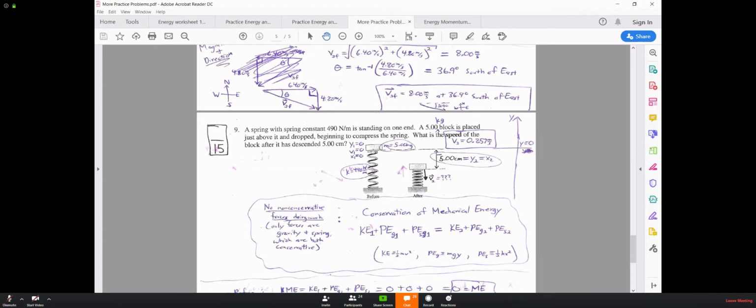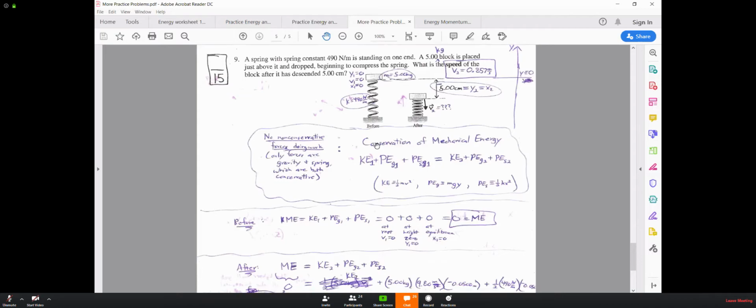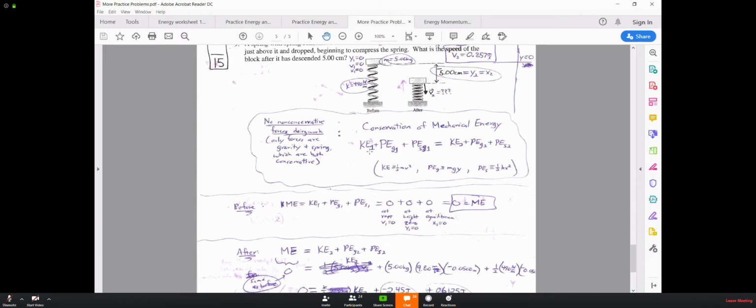And if I measure all the heights from here, notice I called this height y equals 0, then the block starts at height 0, which means it starts at gravitational potential energy 0. So the initial energy is 0 plus 0 plus 0 is 0. KE1 plus PEG1 plus PES1 is the same thing with 2's, and everything starts at 0.